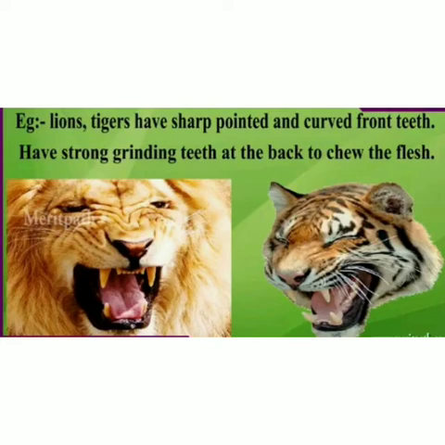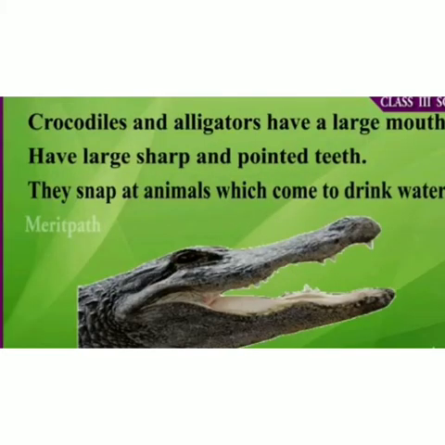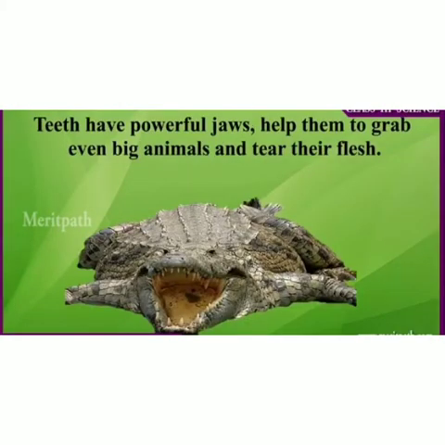As they are carnivorous animals, they have to tear the flesh of the animals. Then crocodiles and alligators have a large mouth with sharp and pointed teeth. They snap at animals which come to drink water. The teeth and powerful jaws help them grab even big animals and tear their flesh.